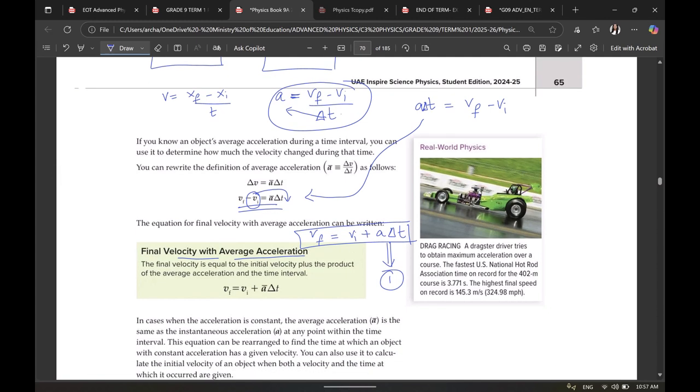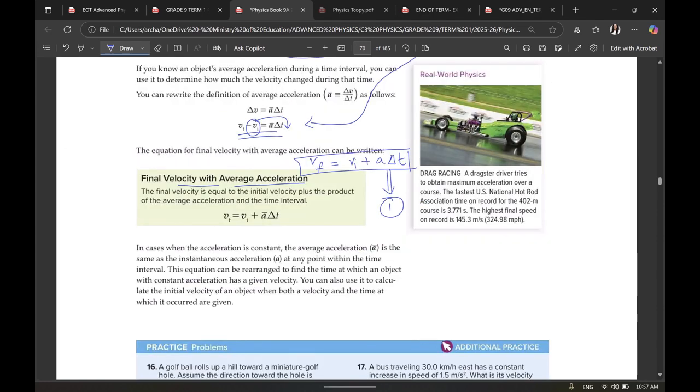So if I'm looking for the final velocity with average acceleration, remember, I can find it with the help of this particular equation. These equations are used whenever the acceleration is constant, so they are called uniform acceleration equations.